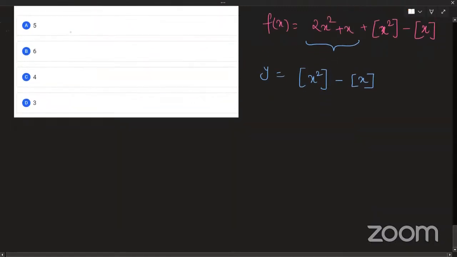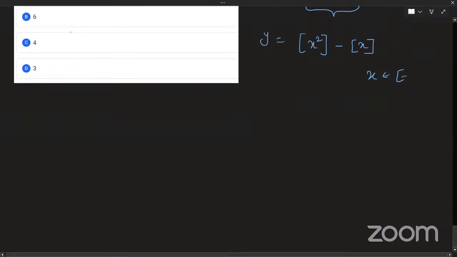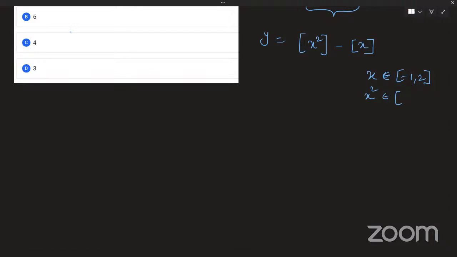Okay, so you have got your x belonging from -1 to 2. If your x is belonging from -1 to 2, can you tell me what will be the range of your x square? 1 to 4, sir. Are you sure it will be 1 to 4?